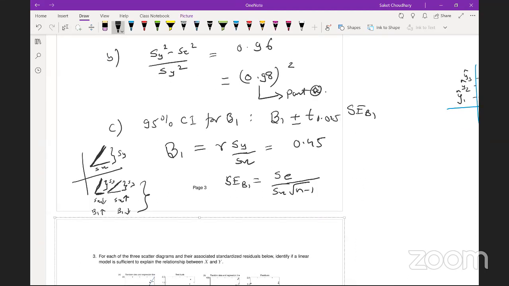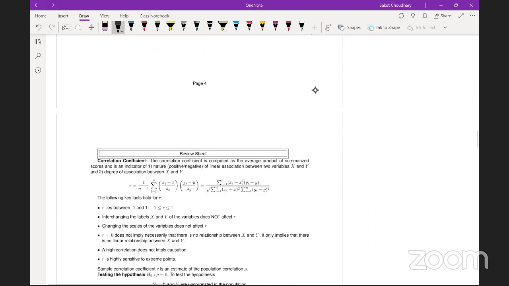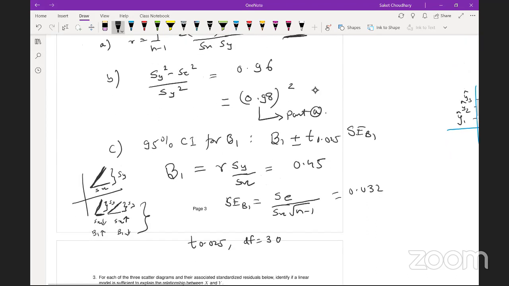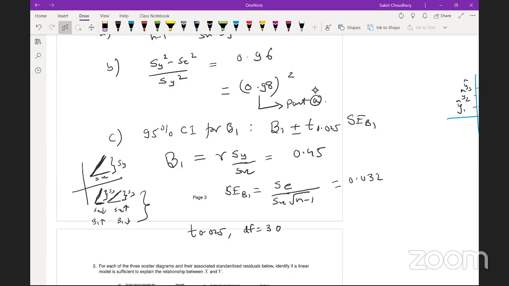Fine. So we have everything we need. This value will be 0.032, and t 0.025 with degrees of freedom equal to 30. If you go to the table, oh, sorry, it's not 30 in this case. The degrees of freedom are 8.